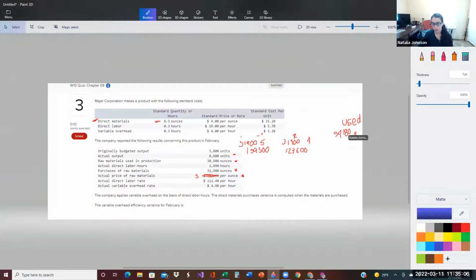And then the standard rate, again, 4. Let's multiply that. So 216,720 by standard price.